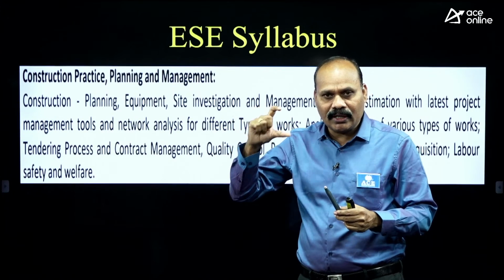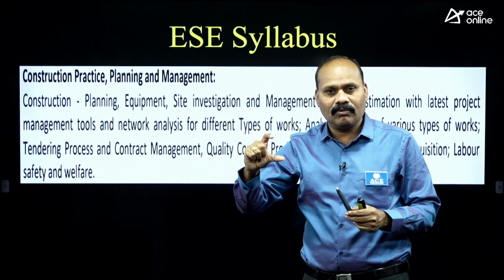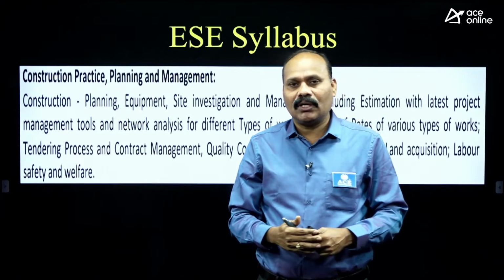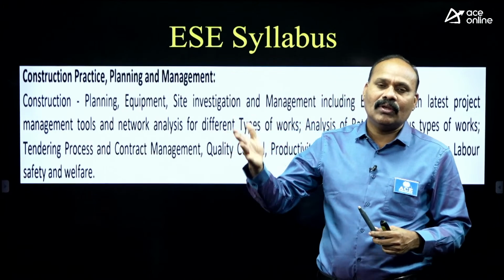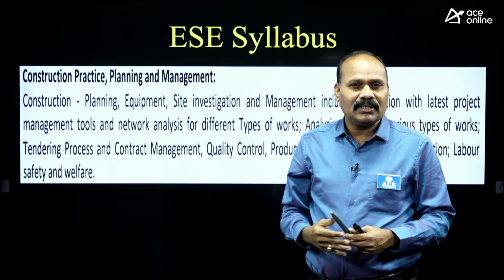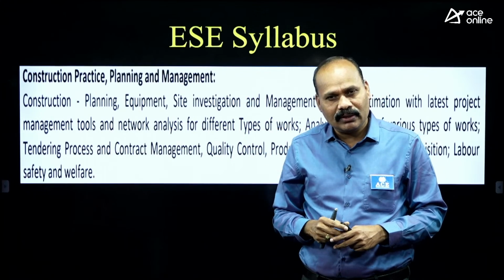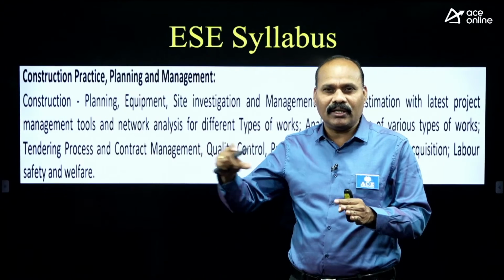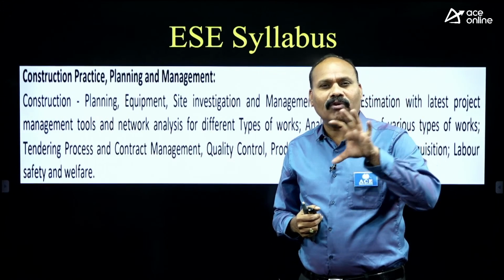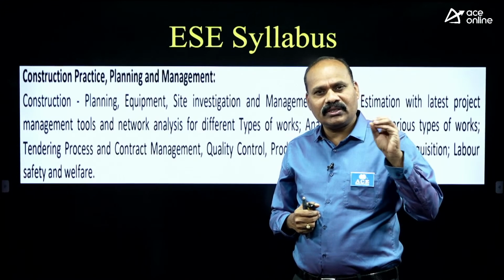So under the quality control heading, there are various quality control techniques. It could be statistical process control or statistical quality control, or quality assurance and quality management systems, or it could be ISO 9000 and 9001 standards, or it could be total quality management or Six Sigma quality.